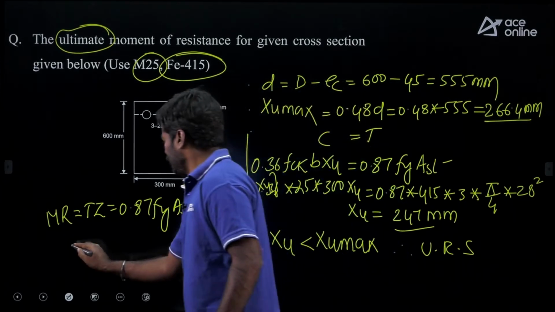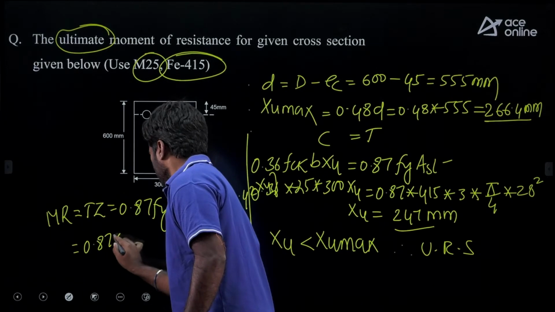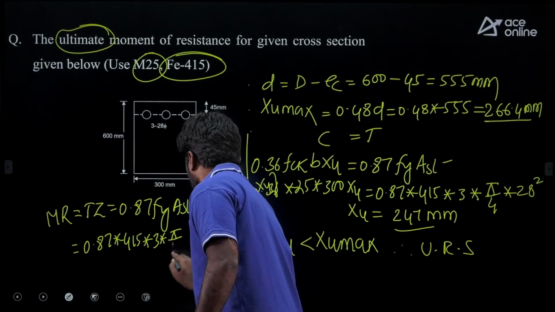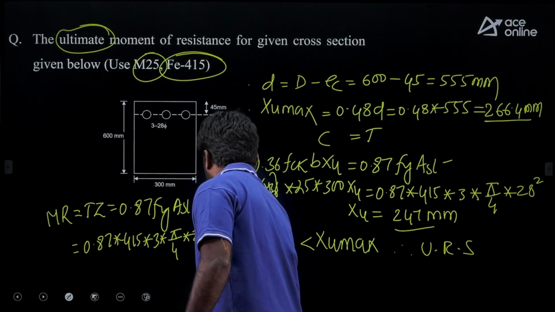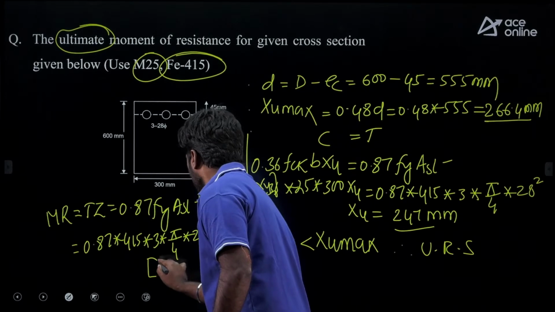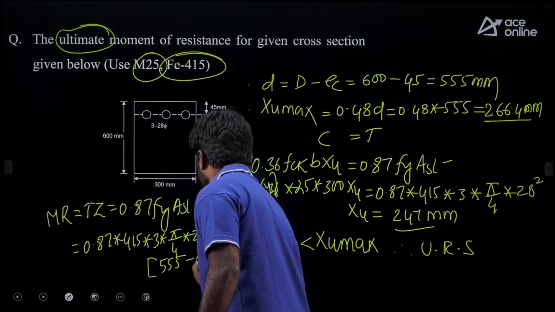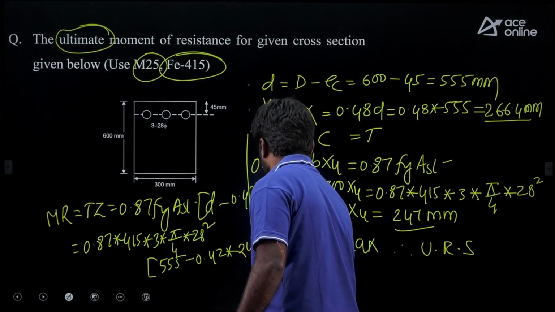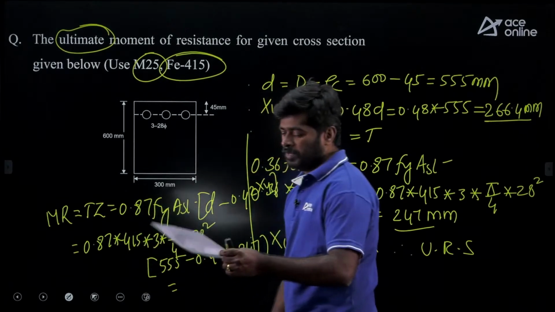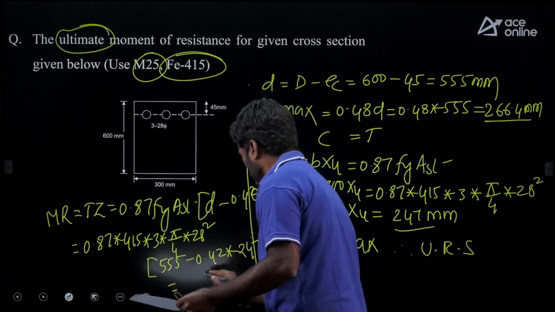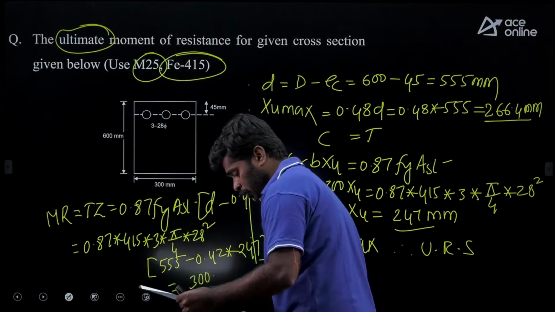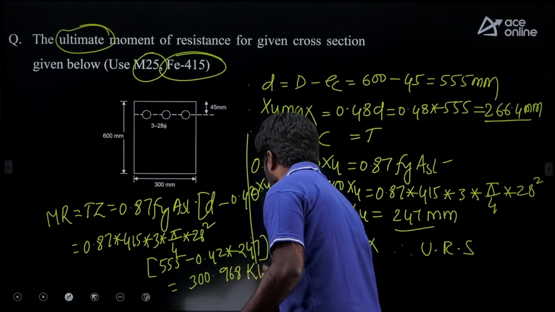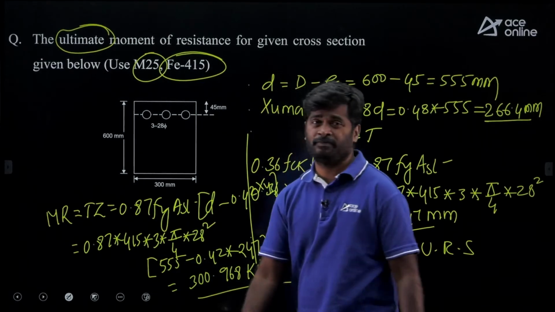Okay, my dear, let us substitute the values: 0.87 into fy 415 into Ast, 3 into pi by 4 into 28 square, into d which is 555 minus 0.42 into the Xu value we are getting, 247, which is equal to, after simplification, you may get the value 300.968 into 10 power 6, directly I am writing in kilonewton meter. This is the answer. Okay.